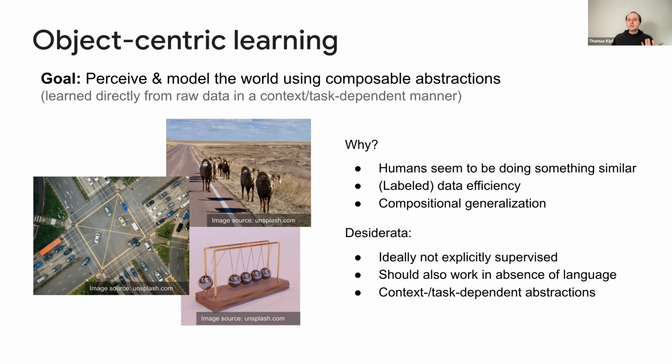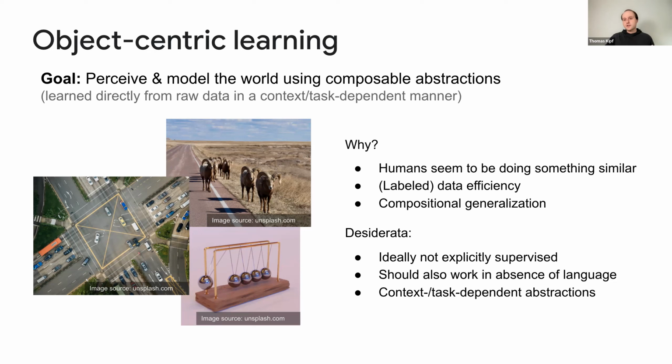This all comes down to compositional generalization, because ultimately, if we want to answer questions about the real world, we have to really understand the components, the objects and the entities that we want to reason about. So the kinds of models we want to build should ideally not be explicitly supervised.